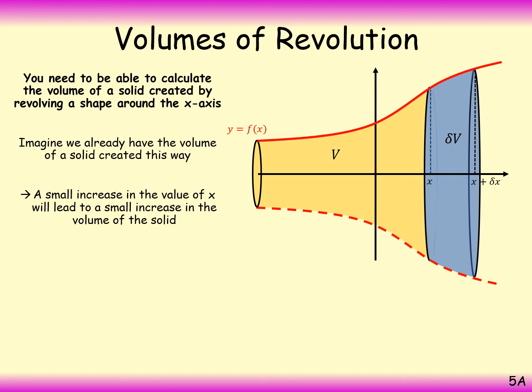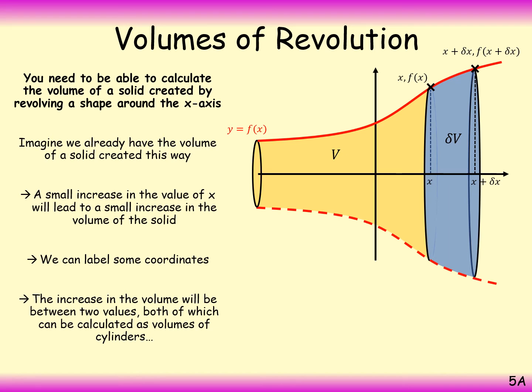Remember, delta x is a small increment of change in x. We can label the coordinates here. So this would be x and f(x), and this coordinate would be x plus delta x, because we move just a little bit to the right from x, and then you're changing the x with x plus delta x in the function.